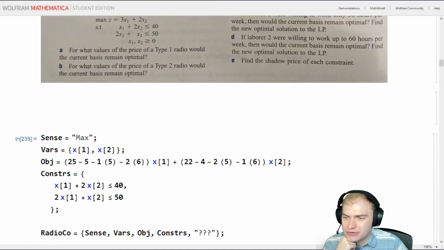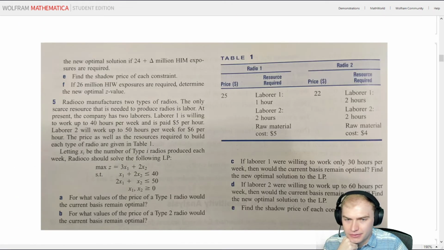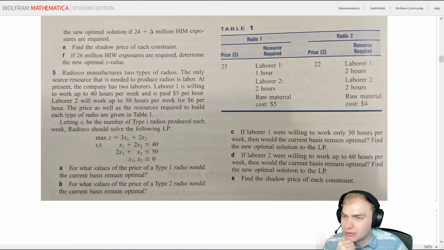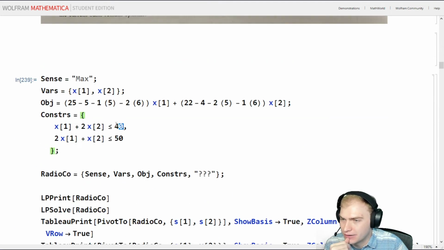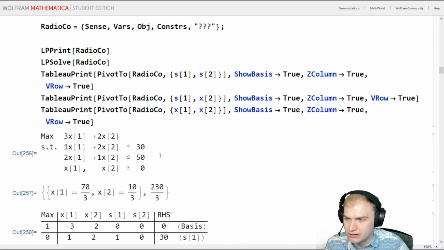And now maybe we'll do something worth thinking about. So if laborer 1 were willing to work only 30 hours per week, would the current basis remain optimal? Well, let's throw that in. So laborer 1 was working 40 hours a week. Let's let him work 30 instead.